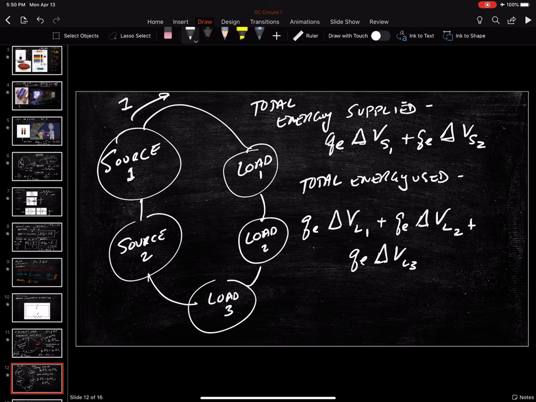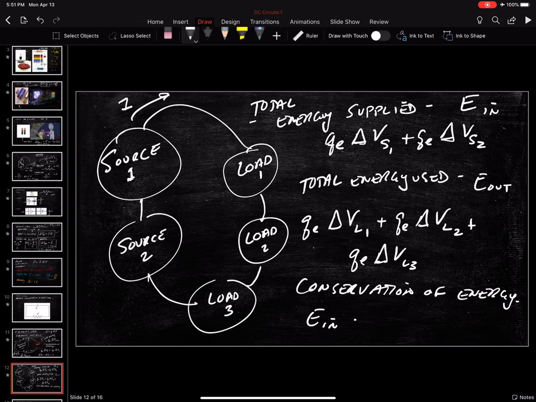Okay? So again, if your energy is going to be conserved, the total energy supplied, let's say E in, just to call it something, and E out is the energy used, E in has got to equal E out.